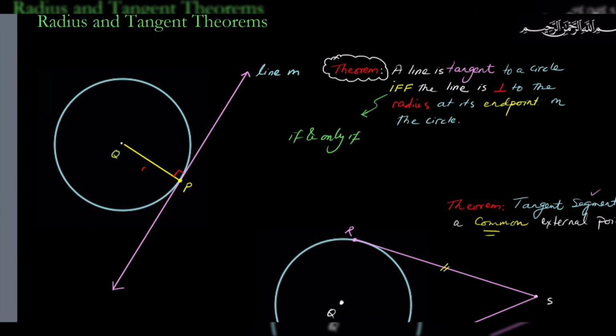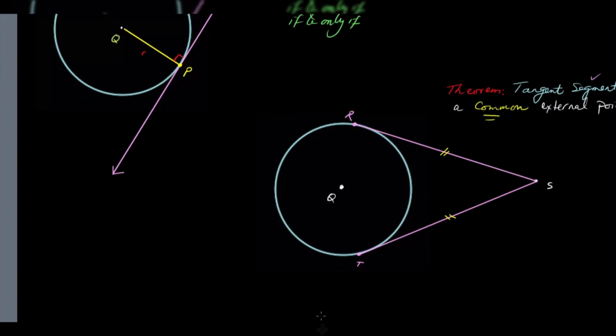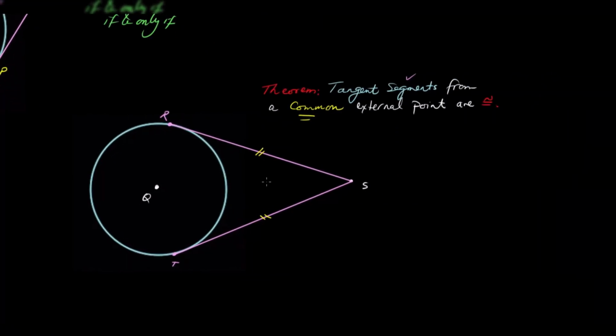And the second theorem for the day is that two tangent segments from the same external point are congruent. Now I'm going to do some examples to suggest to you how many questions can be derived from these two simple theorems.